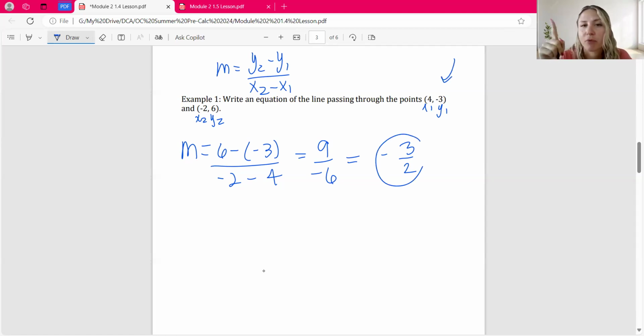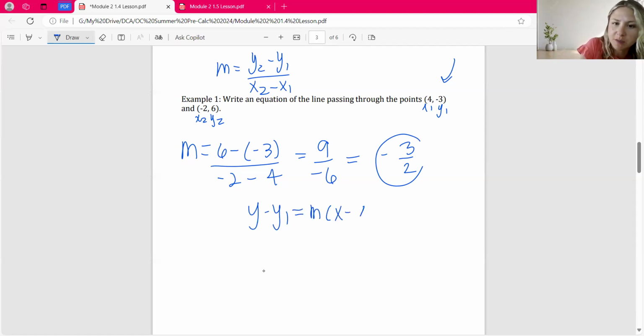Now, when we have the slope and we have points, we can use either of those forms that we just talked about before, point slope form or slope-intercept form. I'm going to show you using point slope form. So let's write that down. y minus y1 equals m times x minus x1. I use this one even though both will work, because we have the slope and I have points, and this is point slope form.